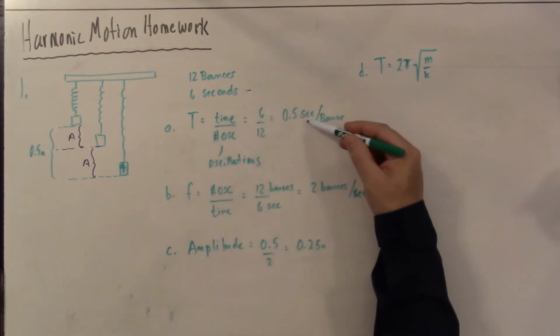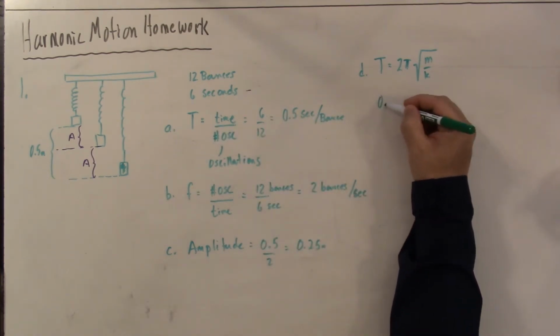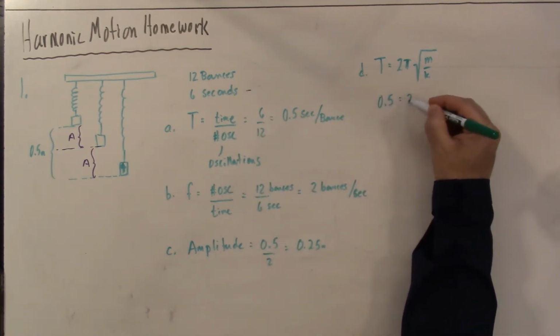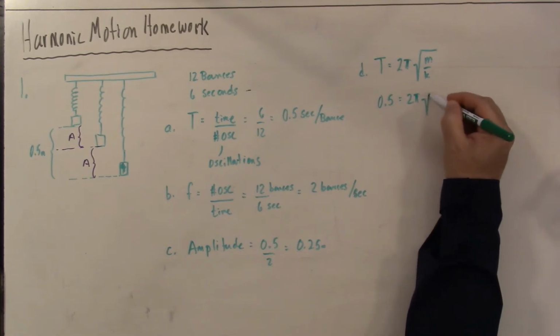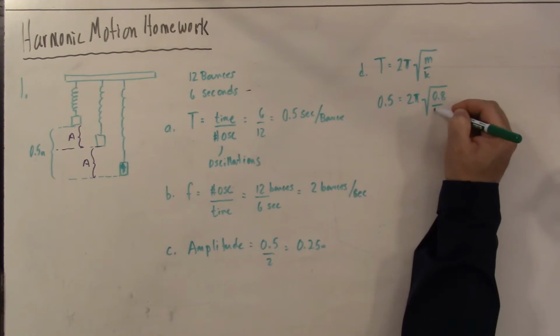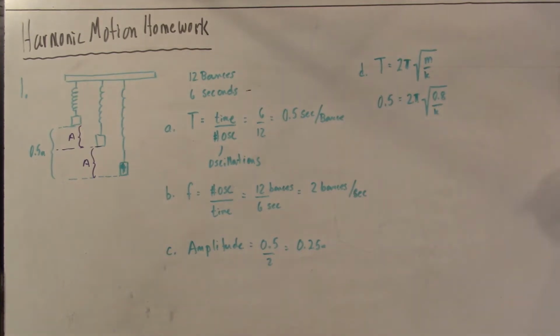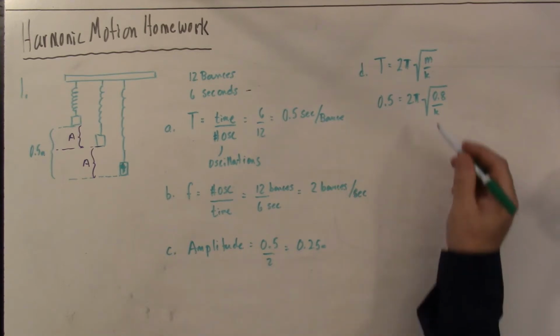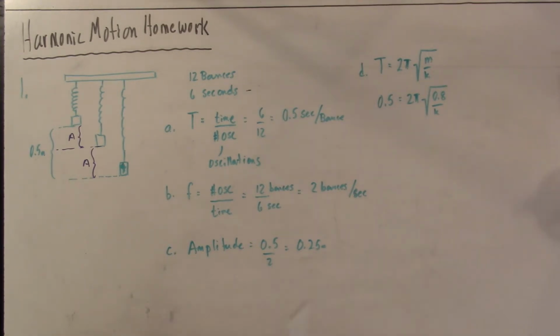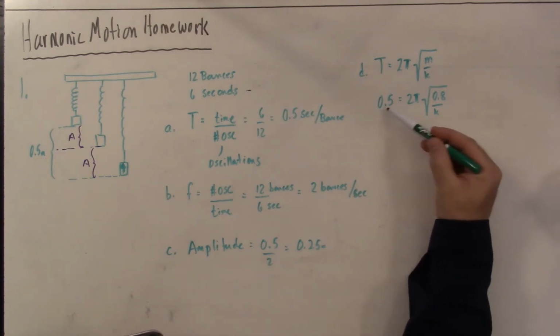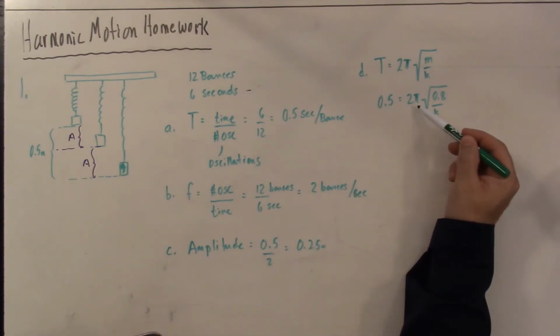The period from part A is 0.5, which is equal to 2 pi times the square root of the mass, 0.8, over k, and we're actually trying to calculate the spring constant. So it takes a little bit of algebraic skill here. The first thing I'm going to do is divide both sides by 2 pi. Now, you got to be careful when you do this, because if you just type 0.5 divided by 2 pi in your calculator, it might divide by 2 and then multiply by pi.